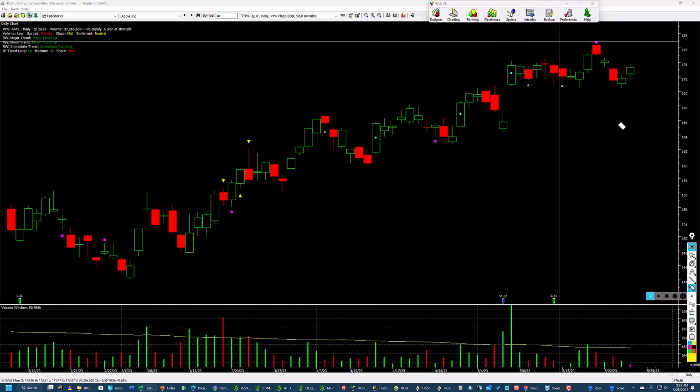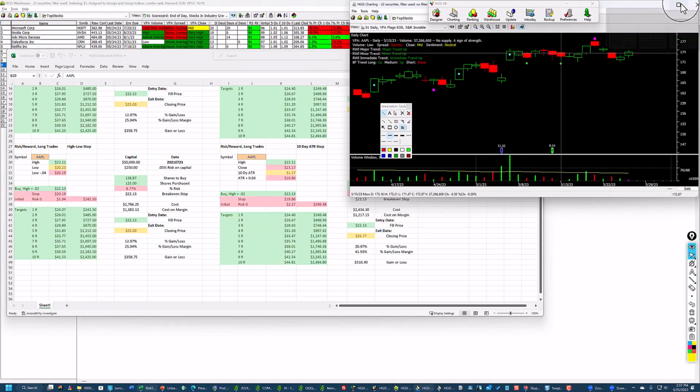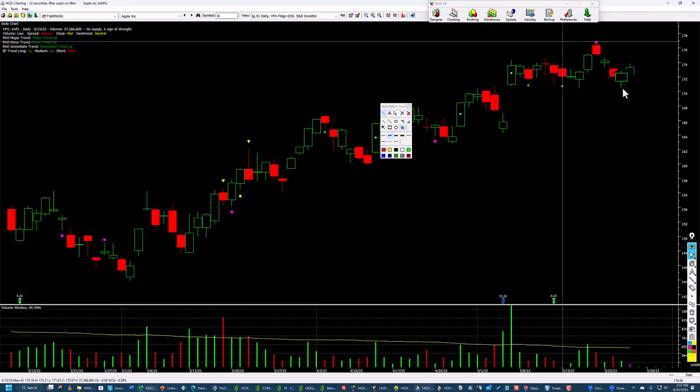Let's do this. Okay, and then I'm going to bring up, like I said, I'm still getting used to these drawing tools. So let's bring up the R tool or the risk tool. I better leave that full screen.